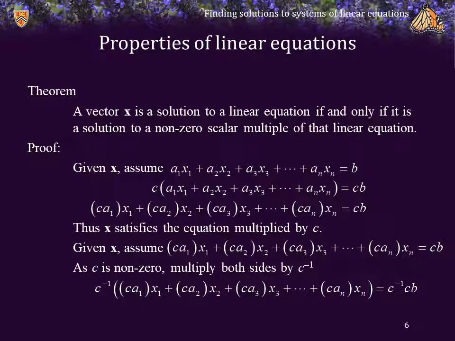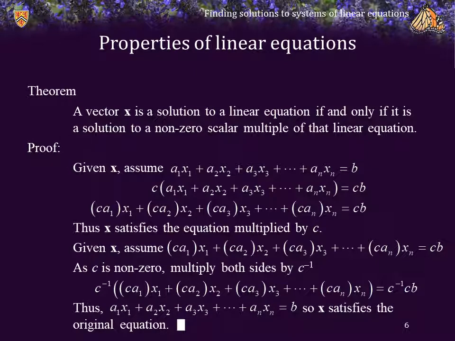On the left-hand side, we can distribute c inverse over the addition and then use the associative property of multiplication to get c inverse times c, which will equal 1. And so consequently, that equation must also be satisfied by x, and so x also satisfies the original equation.